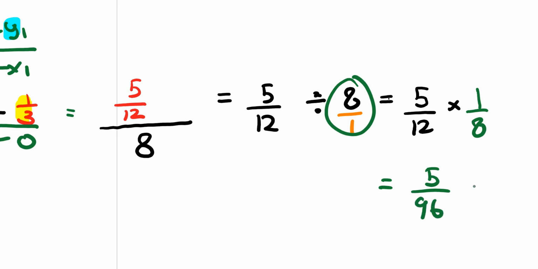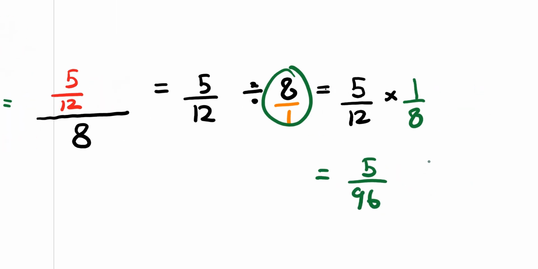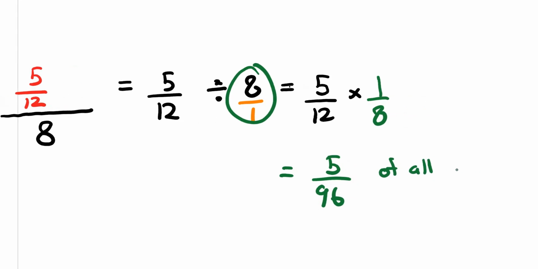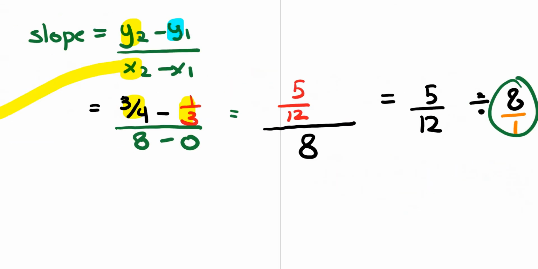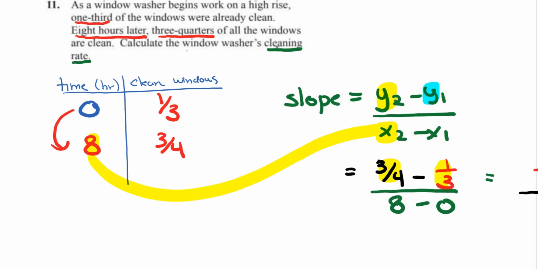And the units are of all windows per hour. All right, so 5 over 96 will be the window washer's cleaning rate.